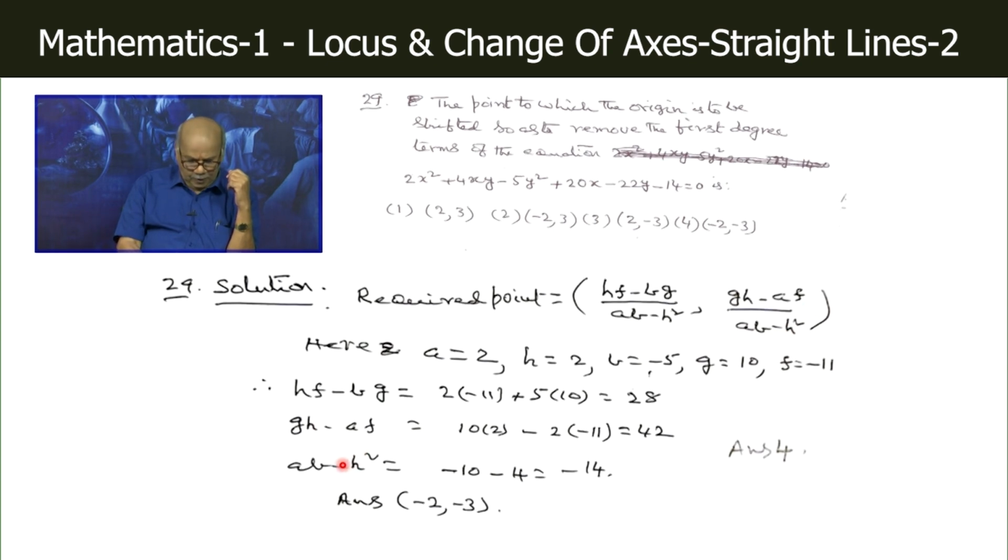Here, ab minus h square is minus 10 minus 4, which is equal to minus 14. hf minus bg is 2 into minus 11 plus 5 into 10, which is 28, and gh minus af is 10 into 2 minus 2 into minus 11, which is equal to 42. So, therefore, the required point is minus 2, comma, minus 3.